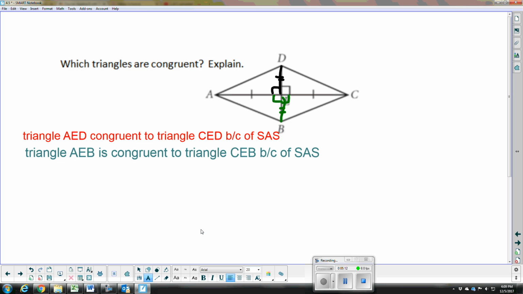Now that we showed that those two triangles, AED and CED, are congruent, I'm going to erase these shared sides. We know that this side is congruent to this side because the triangles are congruent. And we also know that this side is congruent to this side.